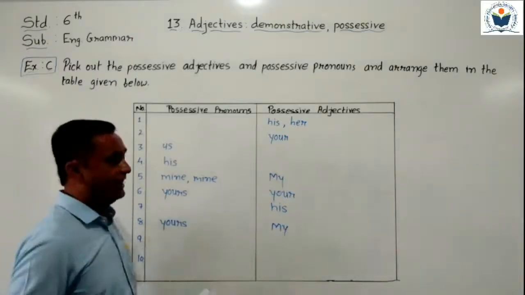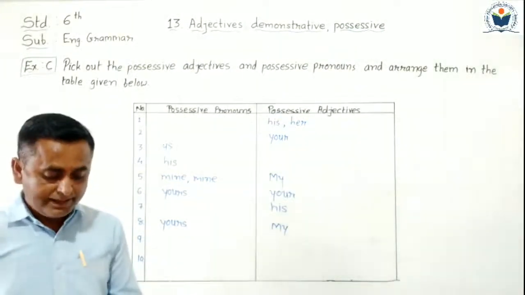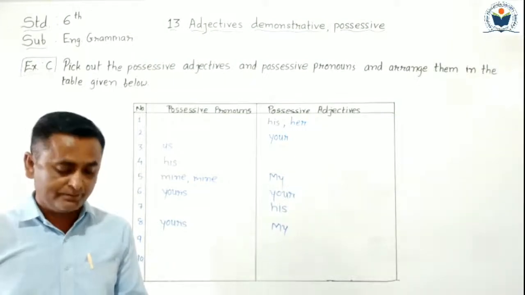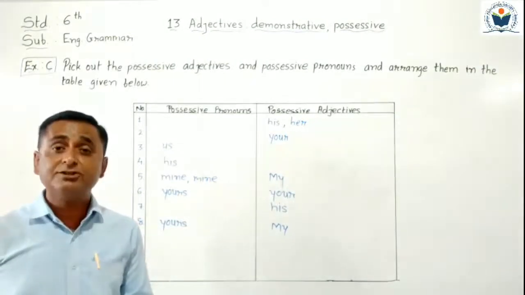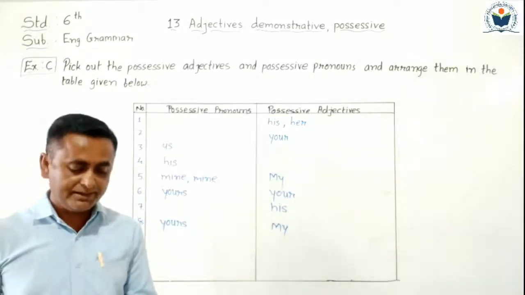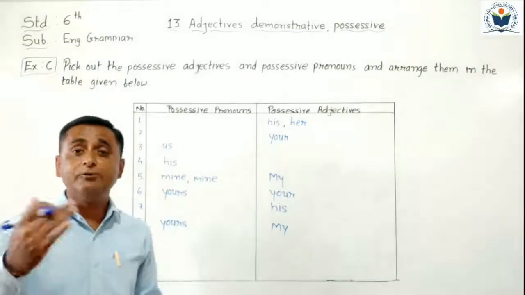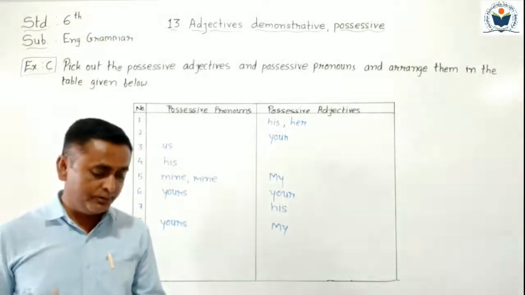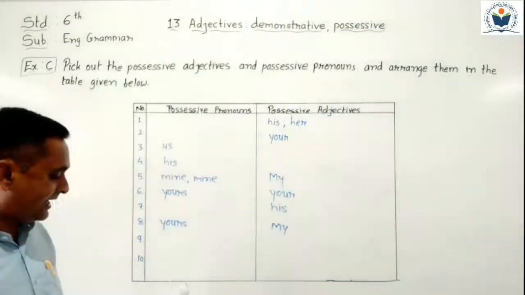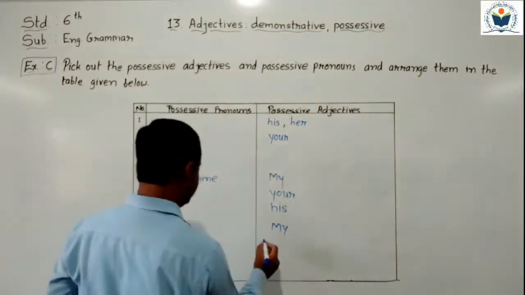Now sentence number 9 we have to see. Their native place is Afghanistan, as you can judge by their clothes. Here, their native place. Their word is given here, and after that a noun followed, native place. So we can say that in the 9th sentence their is used as a possessive adjective.